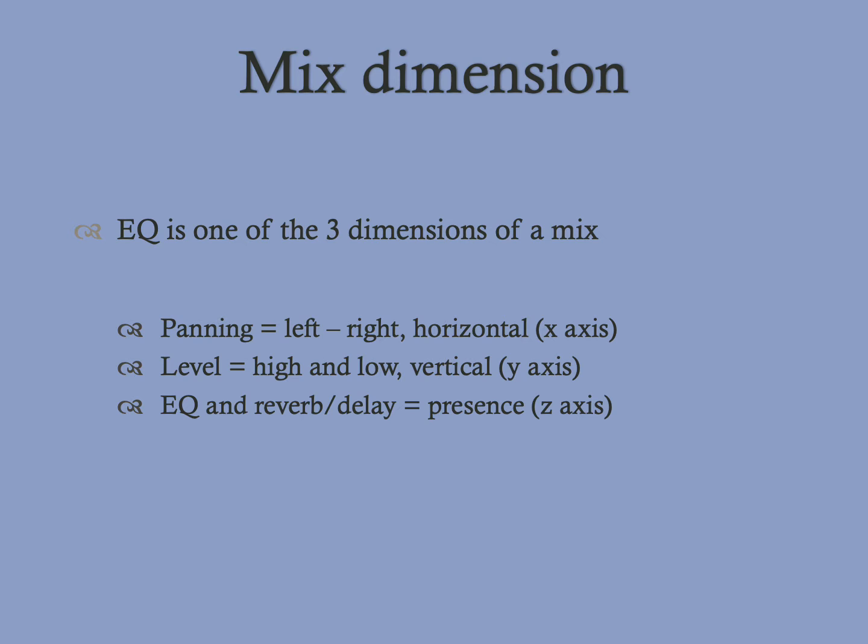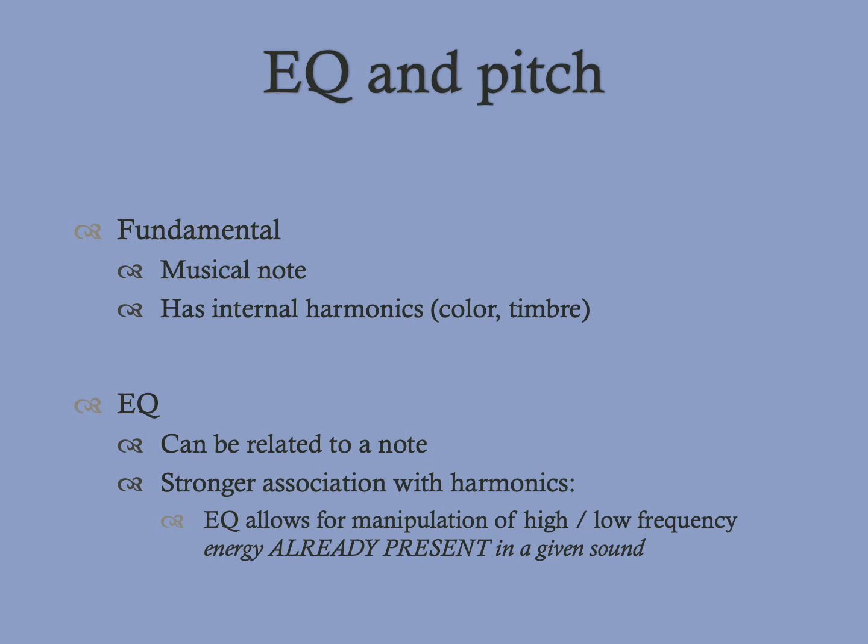Level being a vertical adjustment of what is high, what is low in the mix. And then EQ falls into that interesting z-axis, what brings something closer or further away. Reverb and delay also work in this way to suggest a certain amount of distance or proximity. EQ is relative to pitch, correlative, but it's not identical to pitch.